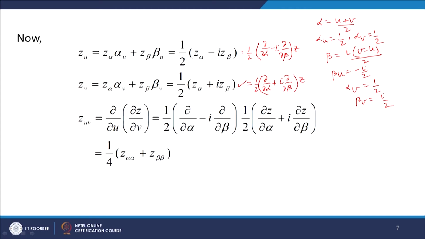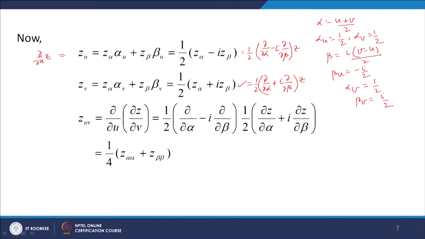So, z u b is equal to the partial derivative with respect to u into the partial derivative of z with respect to b. So, z u is the partial derivative of z with respect to u.